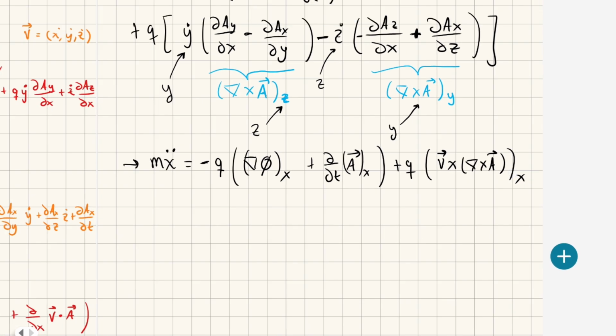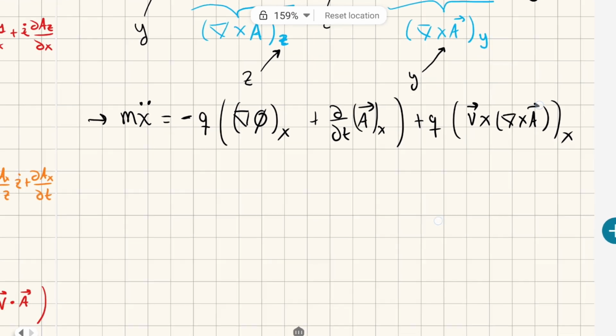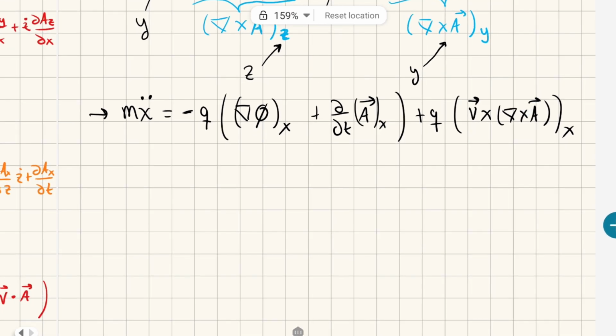So what we have here is an equation that relates only the x component of some vectors that are very well identified in this equation.